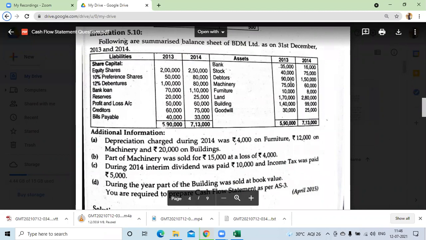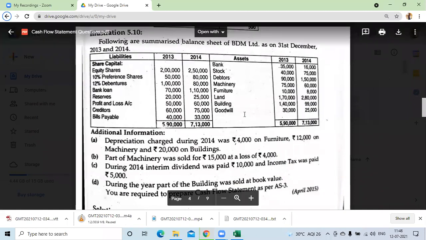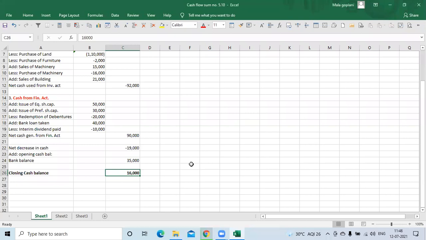So our answer matches with 16,000, yes or no? Yes, ma'am. So our answer is correct. Means our whole sum is correct, because this 16,000 is already given in the question, closing bank balance. And this is what our answer should be. Is it clear now, everyone? Yes, ma'am.